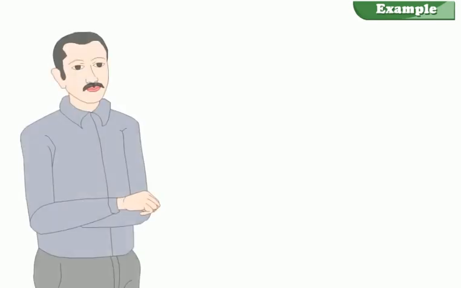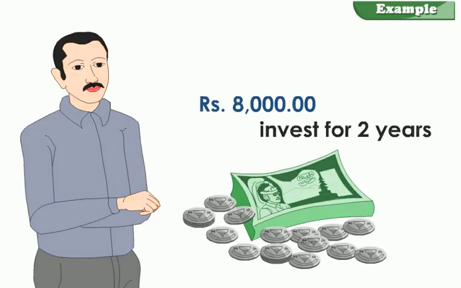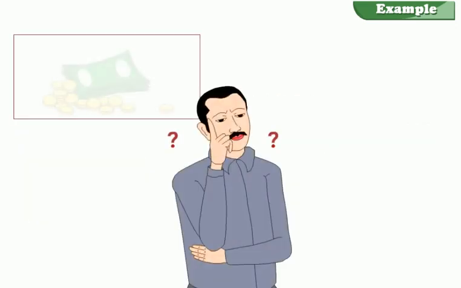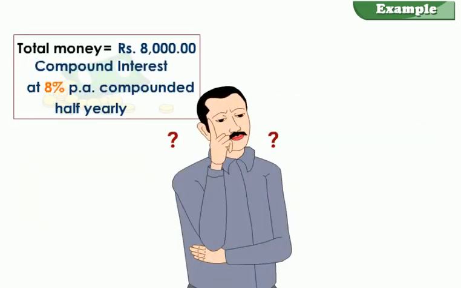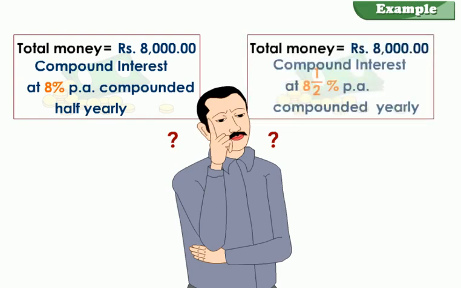He may invest the sum at 8% per annum compound interest, compounded half yearly, or he may invest it at 8 1/2% per annum compound interest, compounded yearly. Which investment will earn for him a slightly better return? Let's look at the solution now.